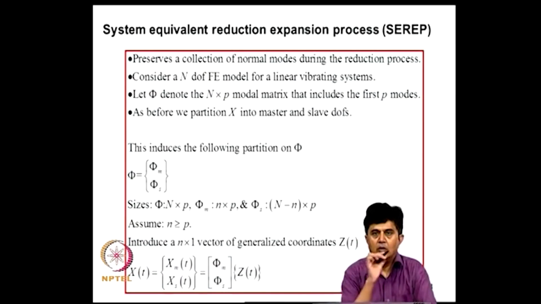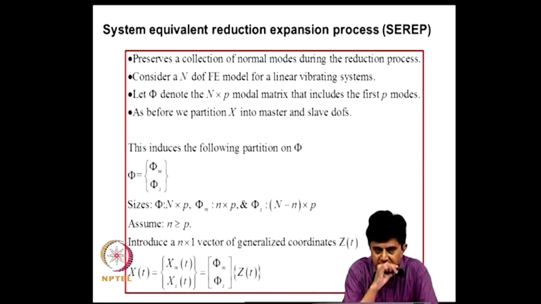Now, we can ask this question in dynamic condensation. In the reduced model, we are able to capture only one mode correctly. So, the next logical question is, can we retain a subset of the natural frequencies of the original system in the reduced model in an exact manner?